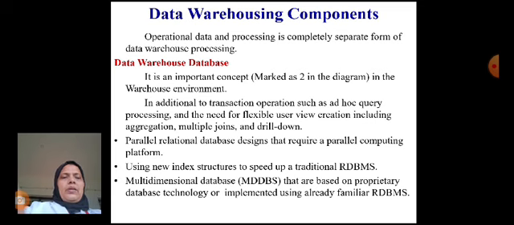Parallel relational database designs require a parallel computing platform. So, using new index structures to speed up a traditional RDBMS, we need a data warehouse database. Then multidimensional databases are based on proprietary database technology or implemented using the already familiar RDBMS, that is, relational DBMS.